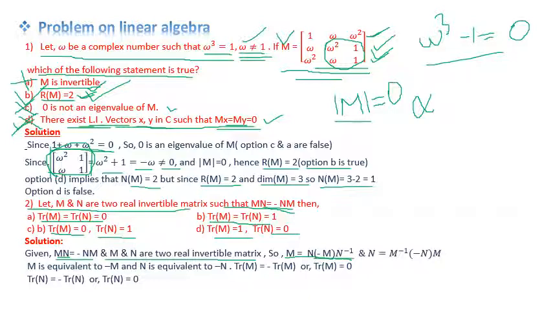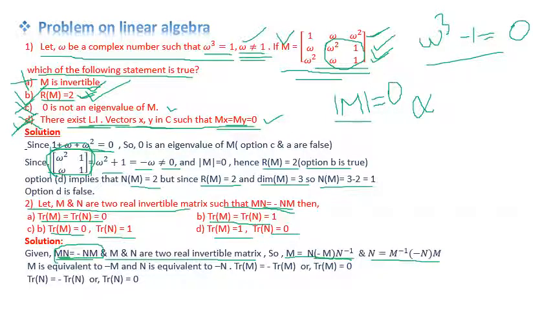Similarly, multiplying MN equals minus NM by M inverse from the left, we will get N equals M inverse into minus N into M, right? So this is a simple operation.